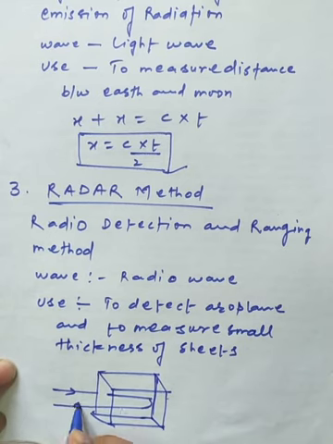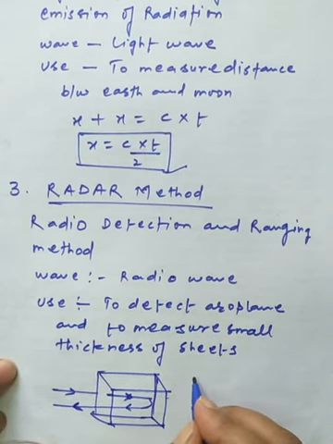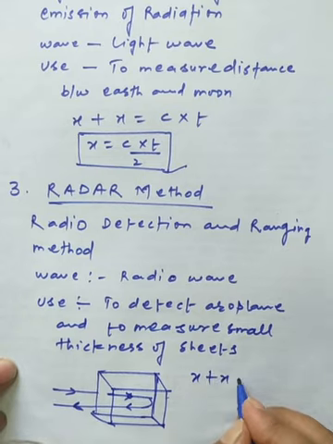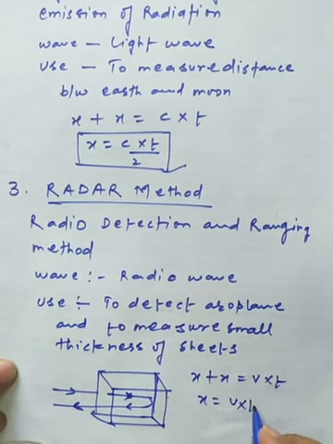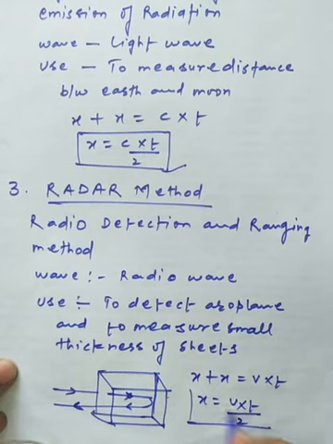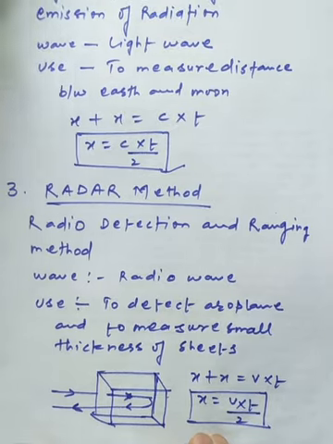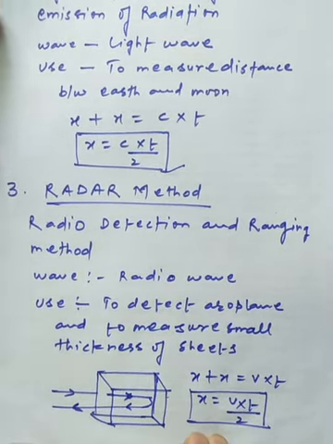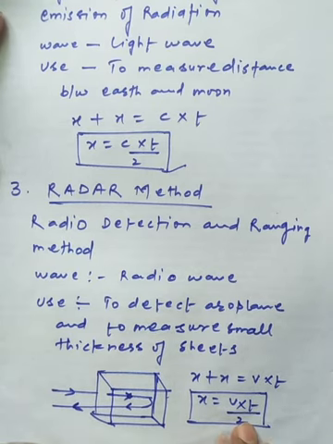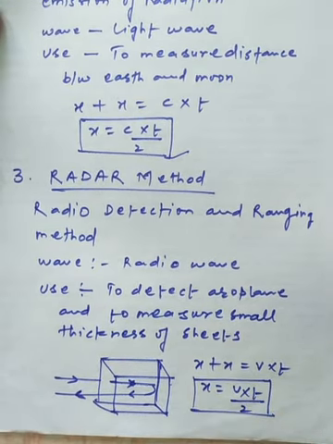We use the same formula, x plus x is equal to v into t, where x is equal to v into t divided by 2. Each method has its own utility and its own kind of wave transmission. In echo we use sound, in laser we use light, and in radar we use the radio wave.